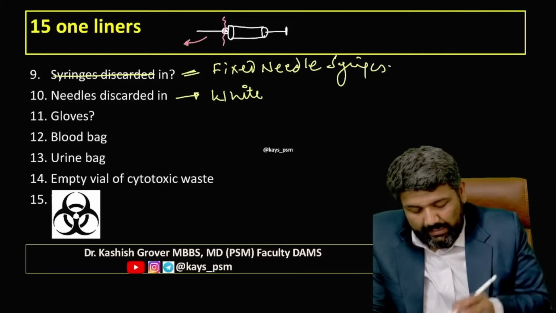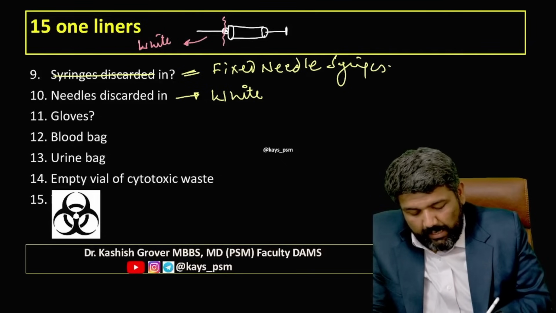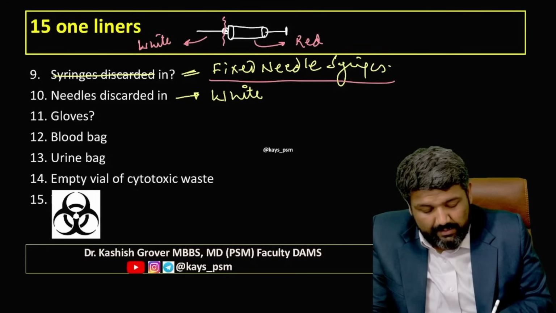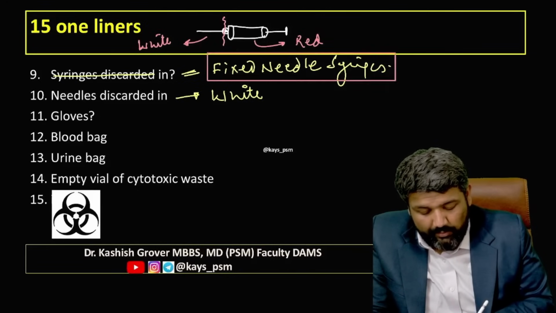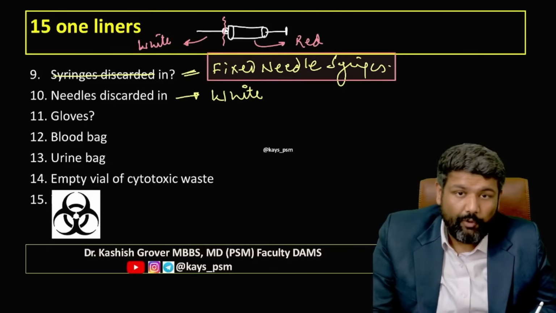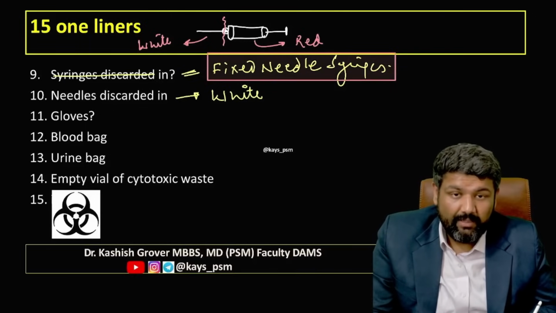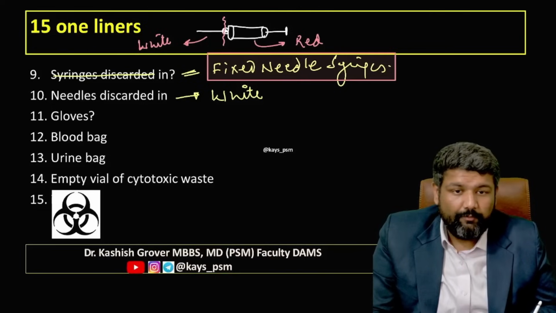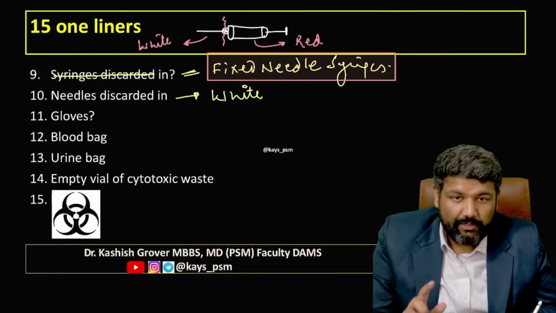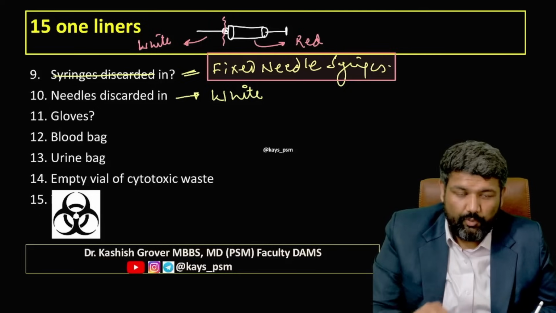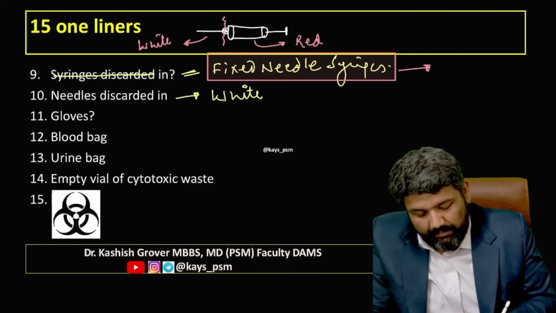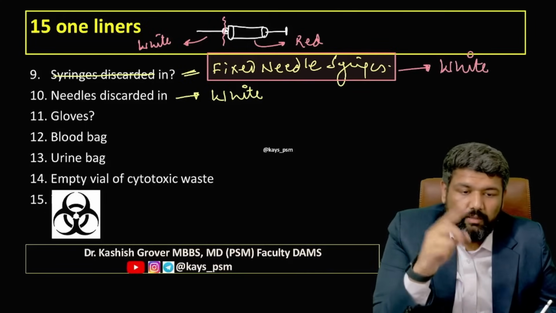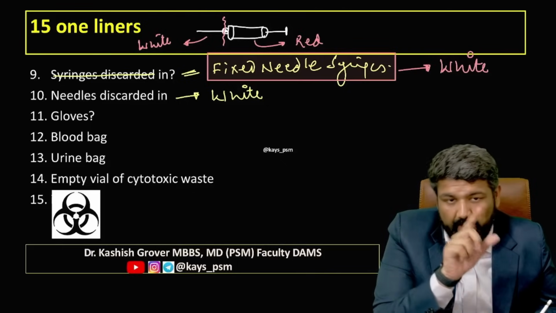This metallic portion goes in white, and the plastic portion goes in red. But if it is a fixed needle syringe, that means you have not removed the needle from the syringe. Needle is still there. Now, recycling plastic waste is not that important for me, but protecting a person from potential needle stick injury is more important for me. So that is why I will keep it in the white. Again, syringe red, needle white. Fixed needle syringe goes in white.